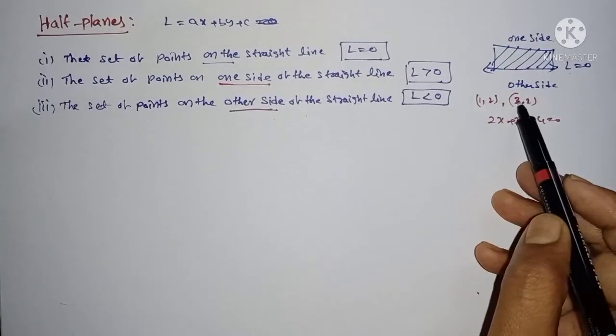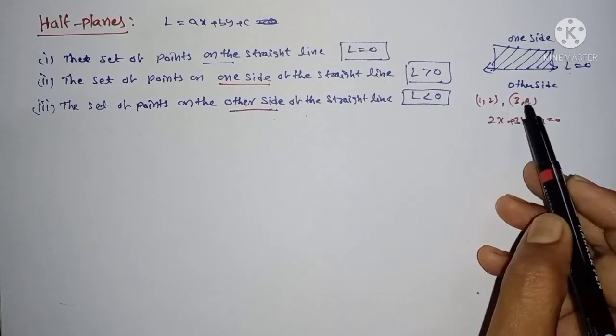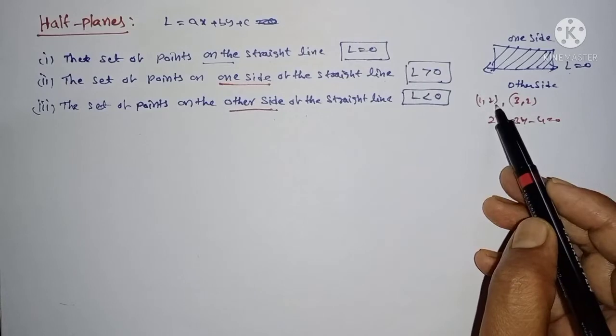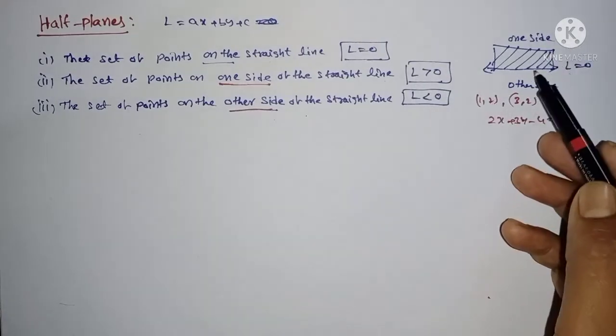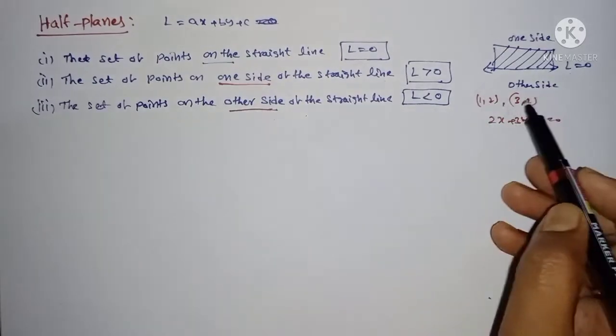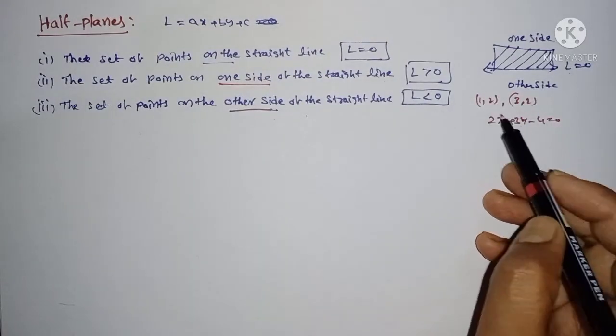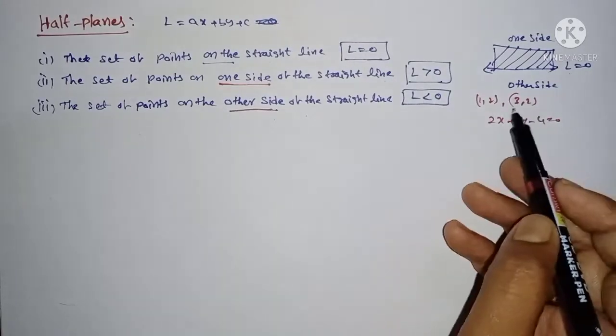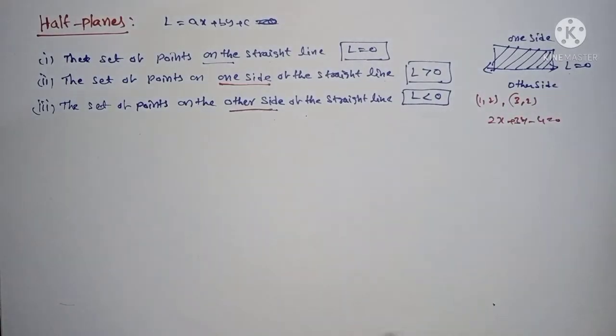If L11 and L22 are both greater than 0, both points are on one side only, upside or downside. Other side means if 1, 2 satisfies greater than 0 and 3, 2 satisfies less than 0, then these two points are on opposite sides, because one is positive and one is negative. If both are positive or both are negative, you can say they are on the same side only.